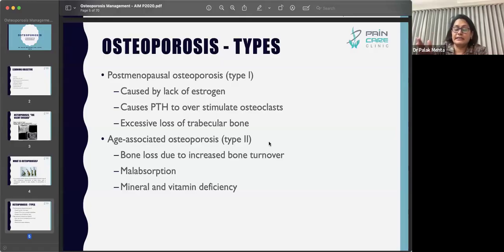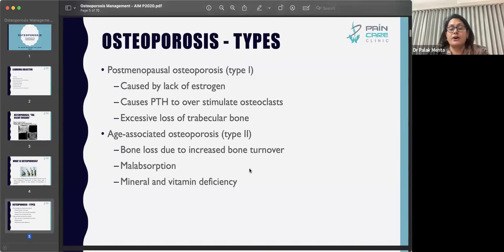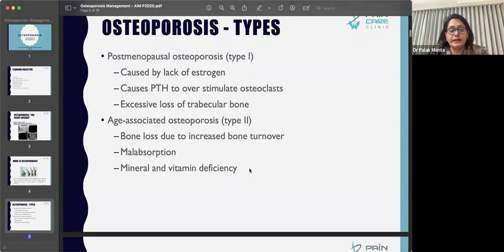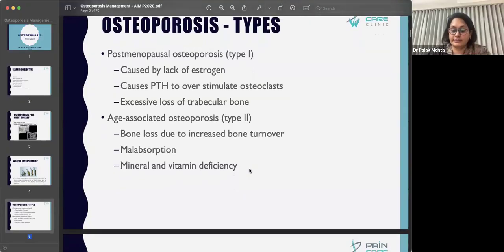But in the later part of life, bone resorption, that is breaking of the bony tissue, increases in comparison to new bone formation. Second is malabsorption, and third is mineral and vitamin deficiency, like vitamin D or calcium deficiency, which lead to osteoporosis. Next slide, please.